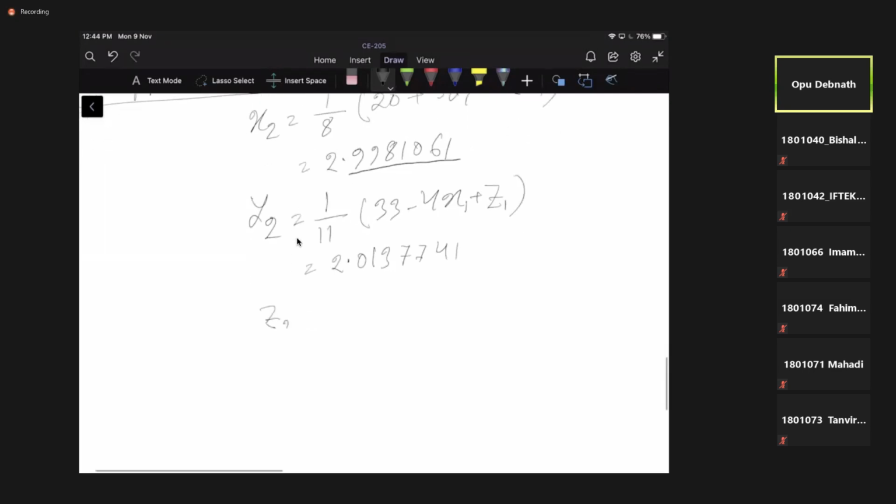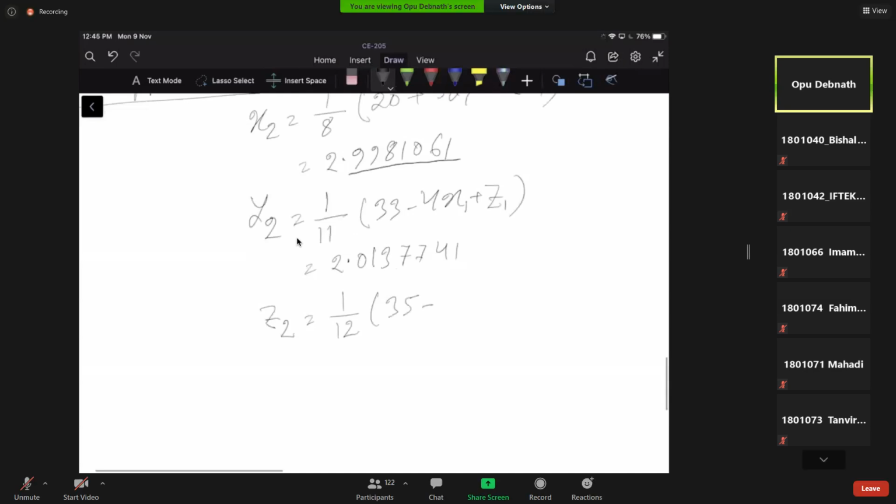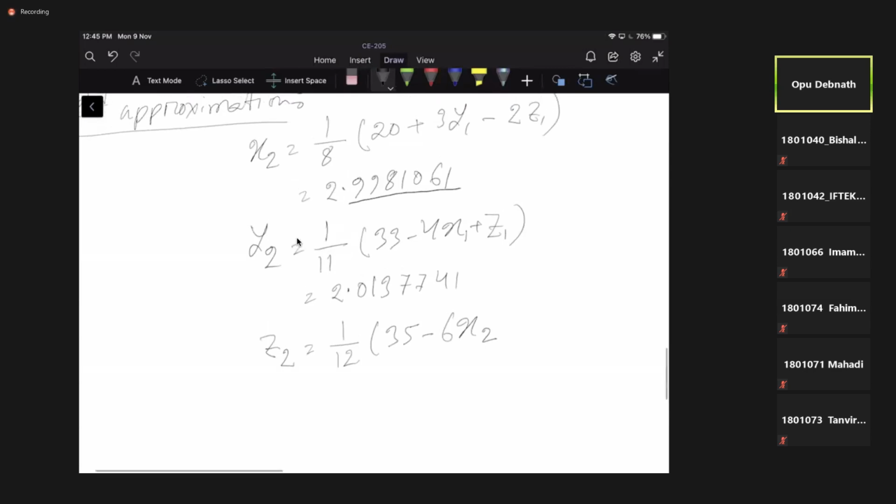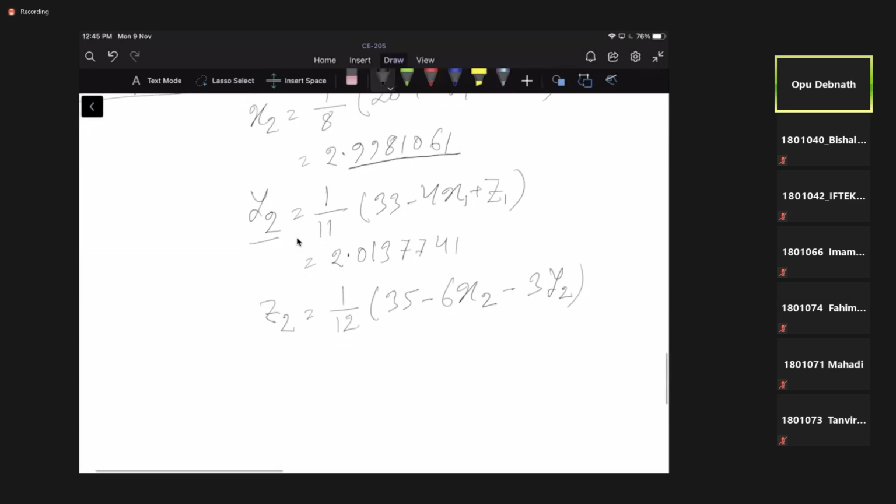Similarly, z2 will be 1/12 of 35 minus 6x2 minus 3y2. For z, you already have the value of x, so you will use x2 and y2, as you have already got them. So always use the updated values.